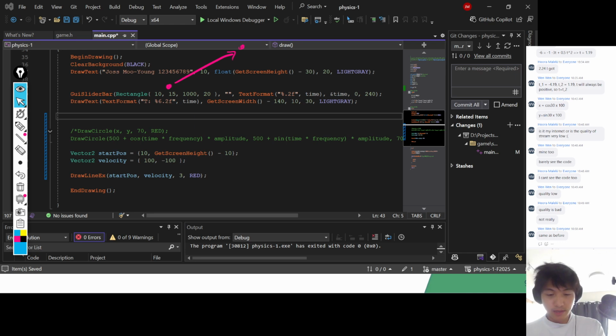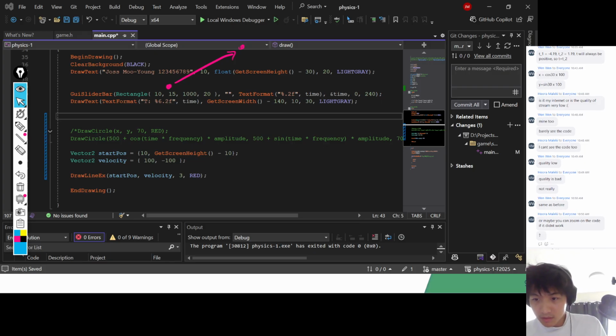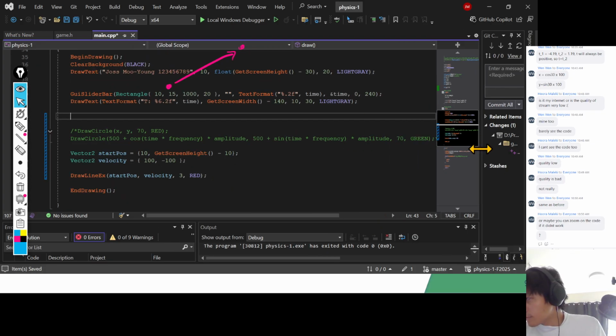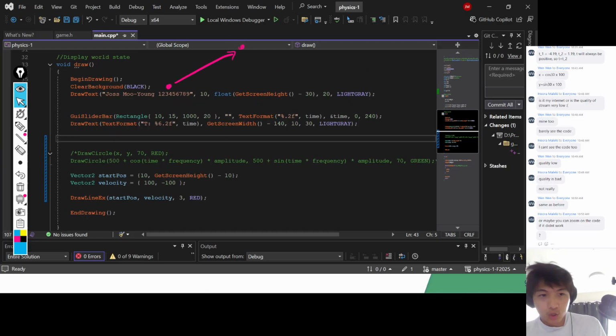Not recording to a cloud, I mean. Maybe I can zoom on the code. Oh, yeah, I can do that, but it should be legible. I don't know why it would give such trouble at this kind of scaling.